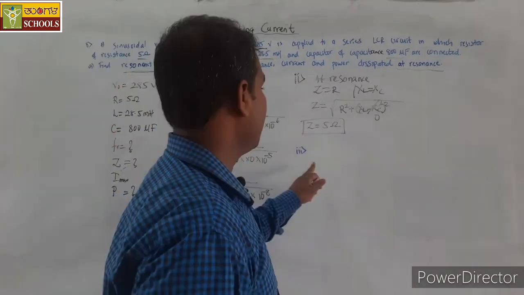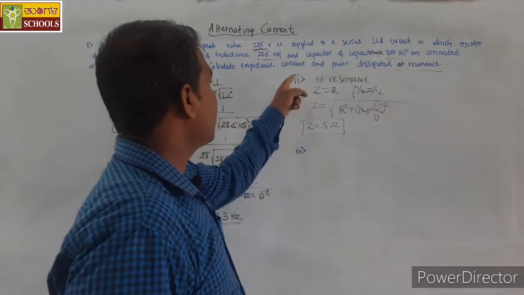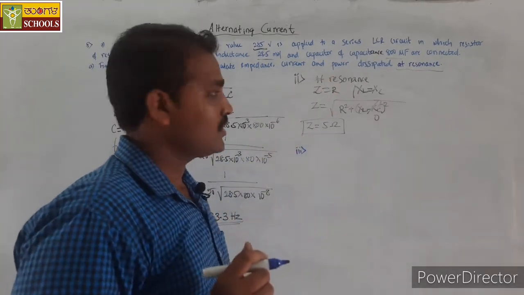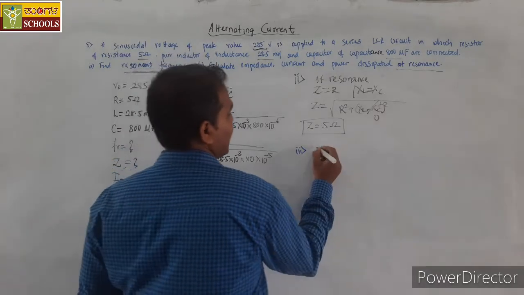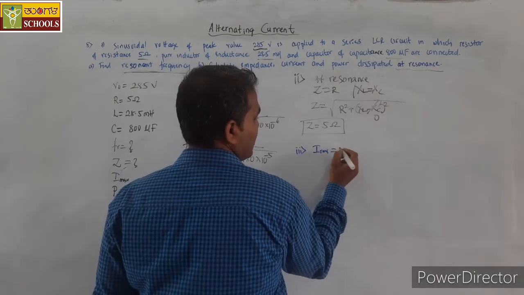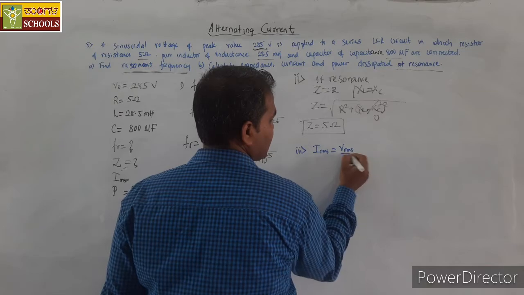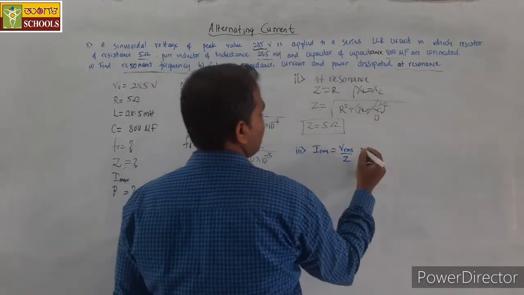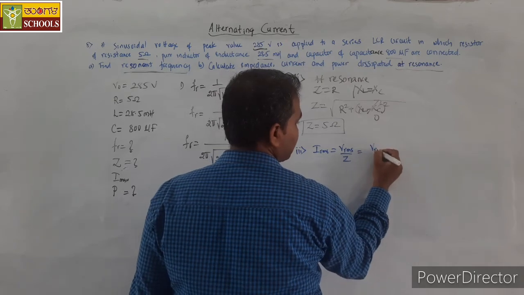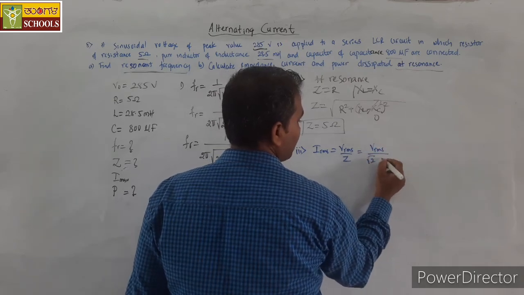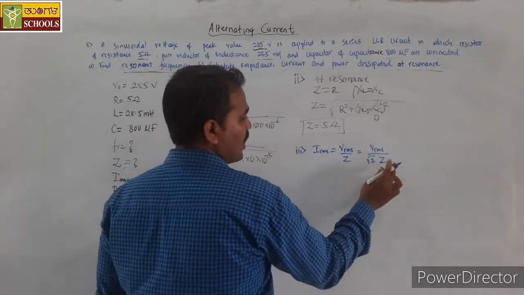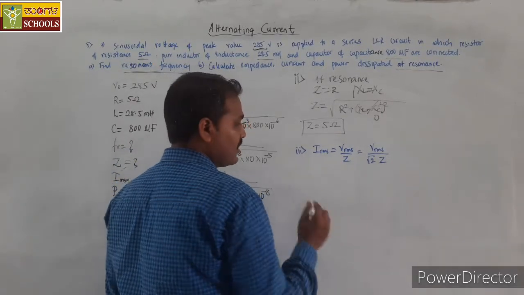Then next we have to find the current through the circuit and the power dissipated in the circuit at resonance. For this I will write IRMS is equal to VRMS divided by Z. But the value given is peak voltage. So here I write it as V naught divided by square root of 2 into Z. Here Z is equal to R, that will give me the current at resonance.